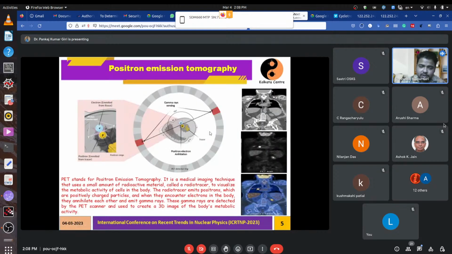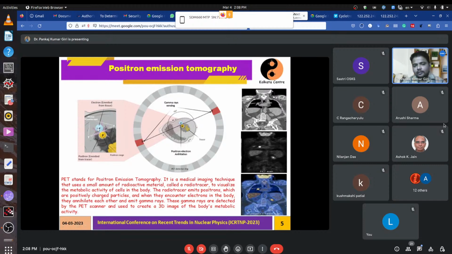Let me elaborate a bit more on this topic. The beta particle, the positron, is emitted from our compound and collides with an electron from the tissue.